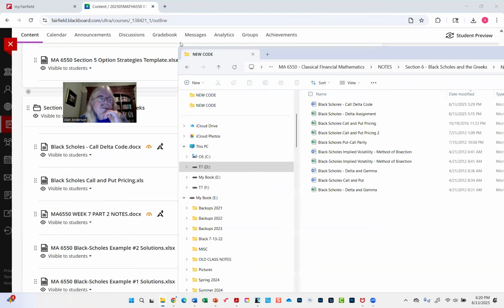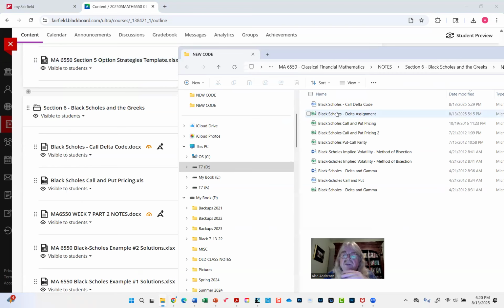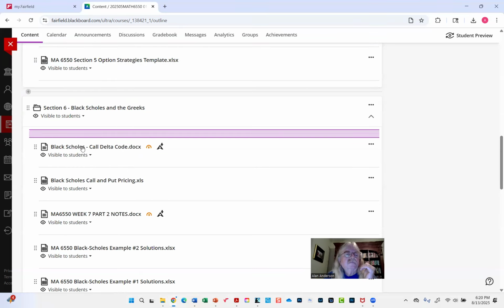I called it Delta assignment and I never put it up. Okay, I'll do that right now. It's just the same code, except that it's actually in the spreadsheet, so it could save you some typing if you can convince it to work. If not, you've got it right here.